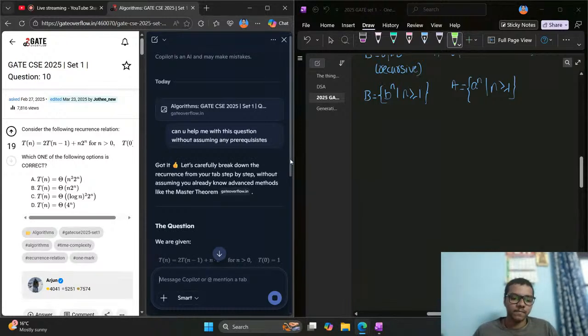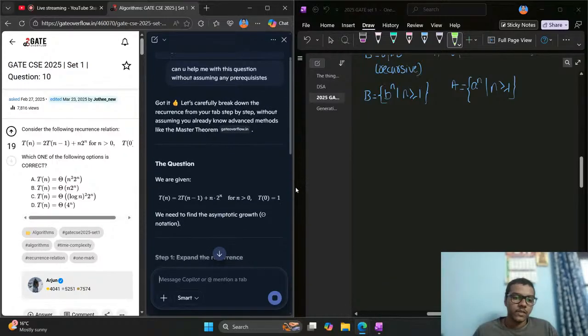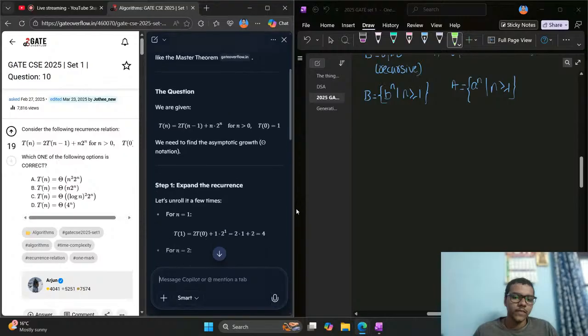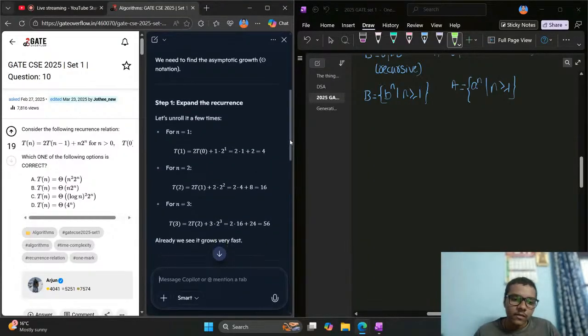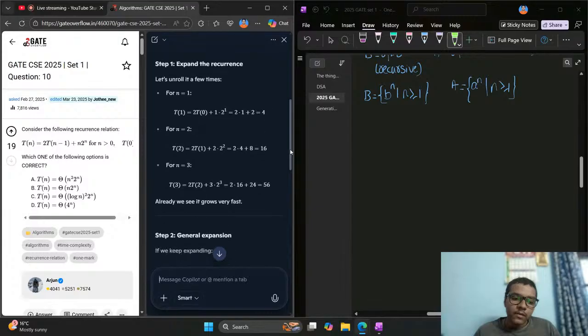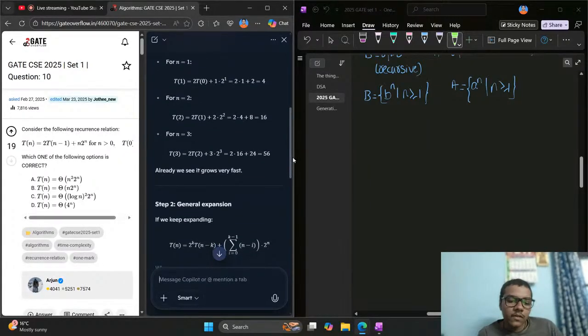Master theorem. You were given a recurrence relation. Asymptotic growth. Explain the recurrence. Expand that. You can say it grows very fast.